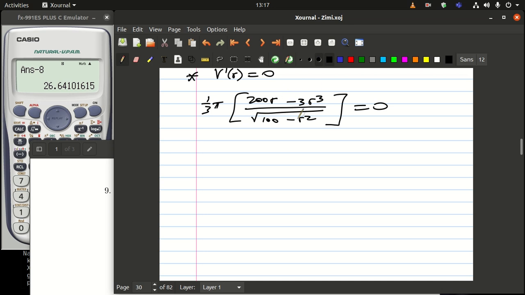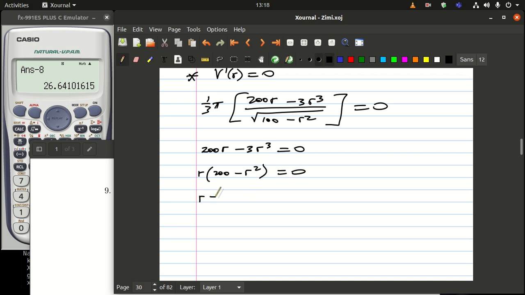The denominator cannot be equal to 0, because once the denominator is 0, this whole thing is going to be undefined. So this is only going to be equal to 0 if the numerator is equal to 0, which means 200r minus 3r cubed is equal to 0. In other words, I'm going to take my r out, so I will have r, and then I will be left with 200 minus 3r squared equal to 0.